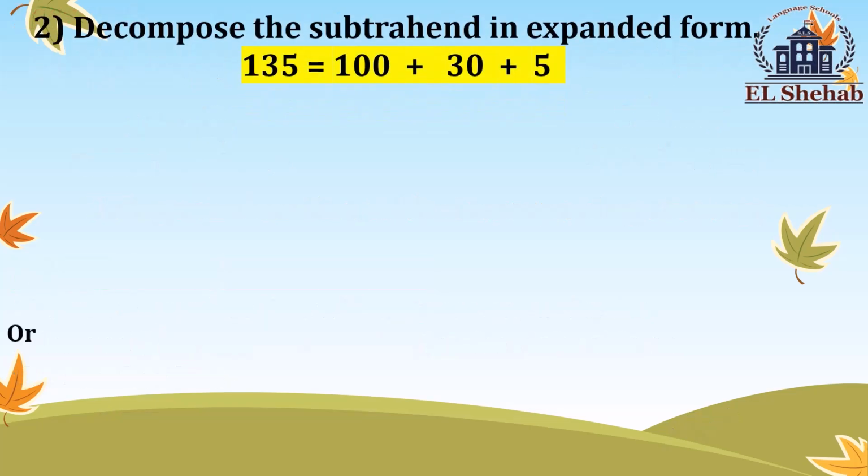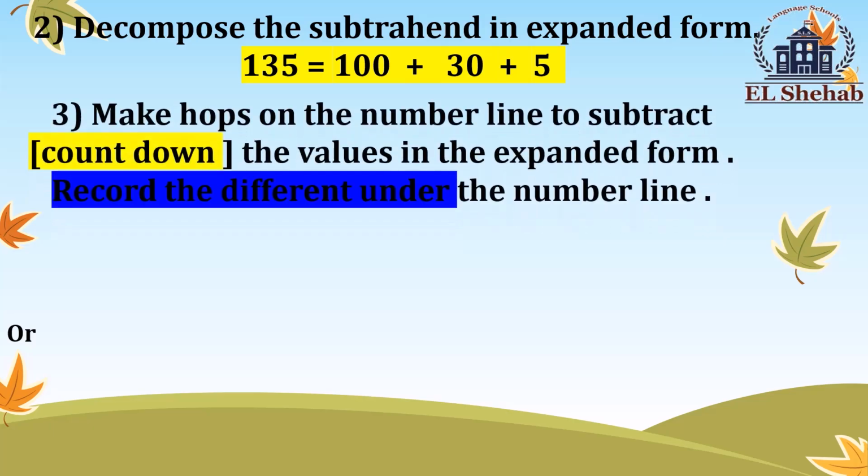So after putting the minuend, 263, on the right side of the number line, we will decompose the subtrahend number or the small number, which is 135. Decomposing means I will break 135 into 100 plus 30 plus 5. Then, third step, I will make hops on the number line to subtract, or I will go back on the number line or count down on the number line.